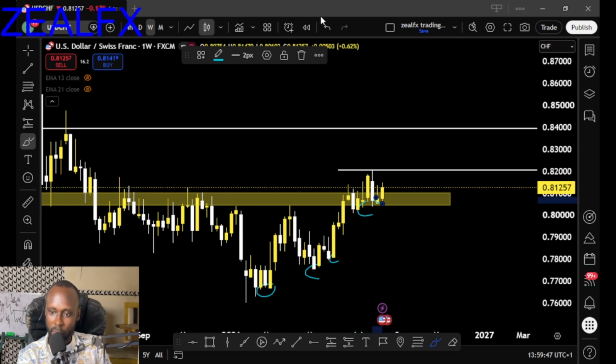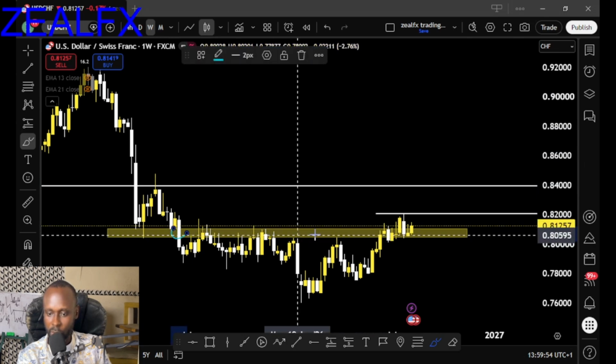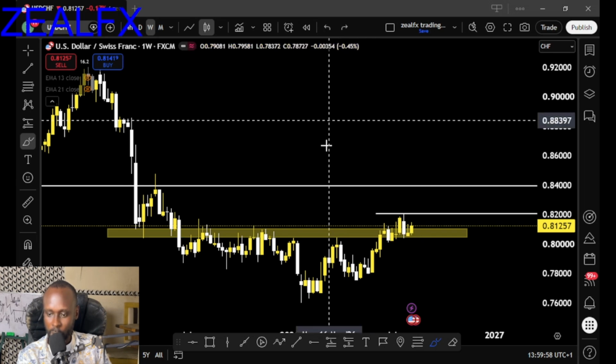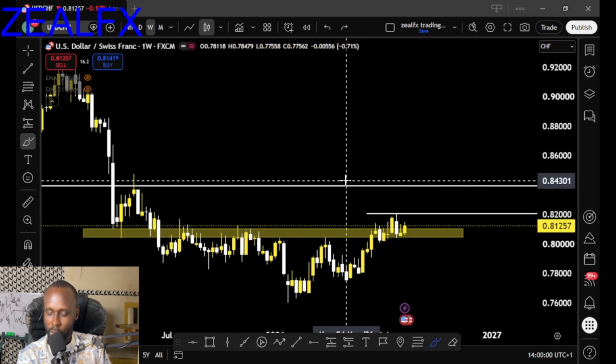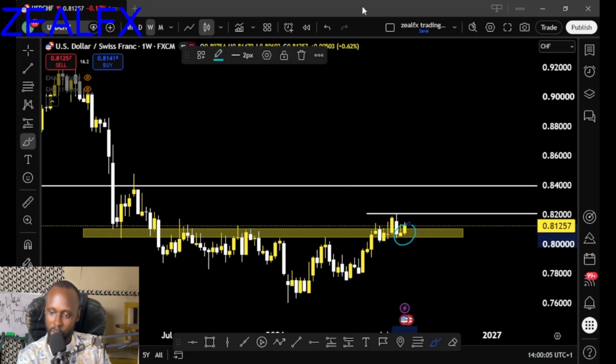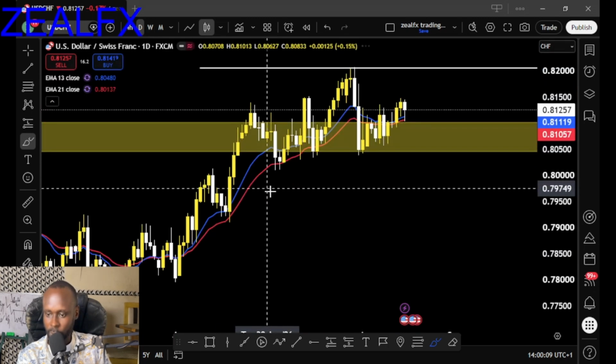So long as we have this series of higher lows, this indicates a bullish structure for the USD CHF. Then we can also see that price is currently at our area of interest, which is this level. We expect price to continue to push higher for the USD CHF, because this particular zone is a weekly support level. Let's look at the daily time frame.